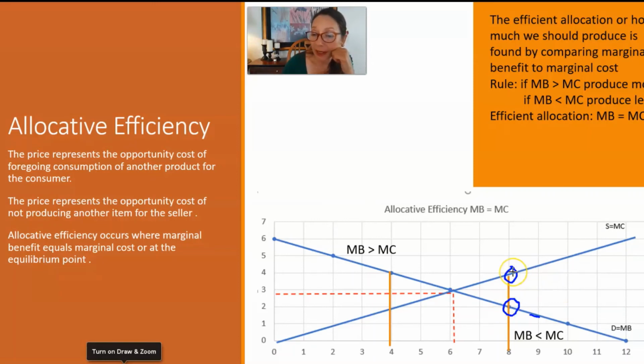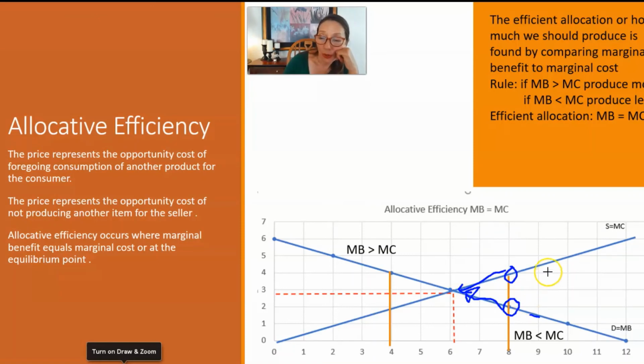So it's costing us more than we are getting benefit from. So what is the implication here? Well, we are overproducing, and we have to produce less, so suppliers need to produce less, and demanders need to demand less. So that will push us towards our allocative efficiency.